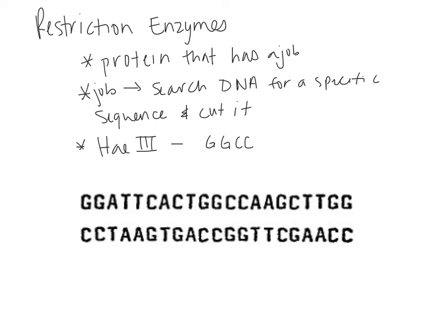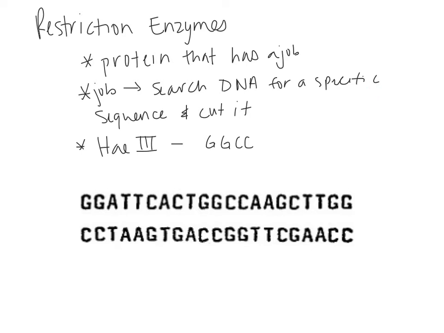So a couple key things. First thing is the restriction enzymes. So remember, big picture. We get our DNA sample, we run PCR, then we add restriction enzymes. An enzyme is just a protein that has a job. So a restriction enzyme's job is to search the DNA for a specific sequence and cut it.